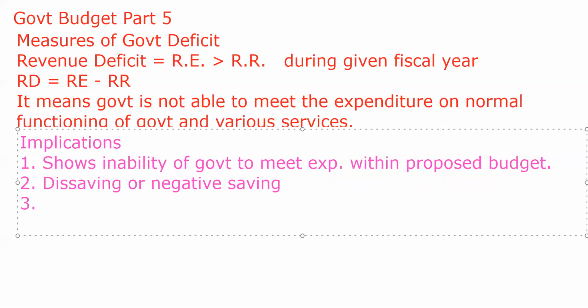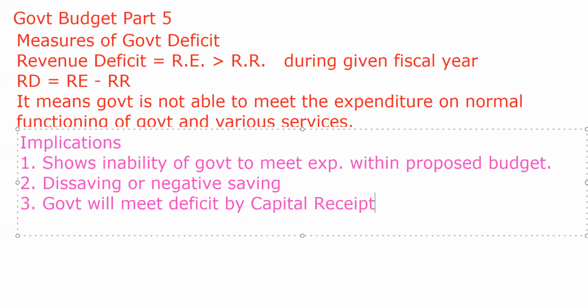Number 3, the third implication of the revenue deficit. It implies that the government has to meet this deficit from the capital receipts. It means the government will meet the deficit by capital receipts.